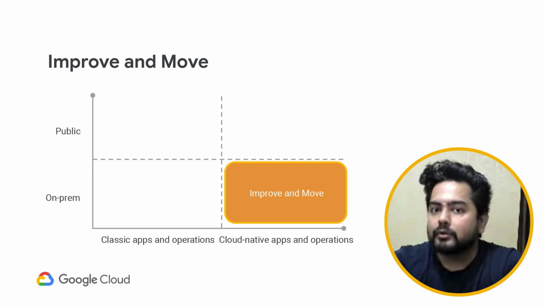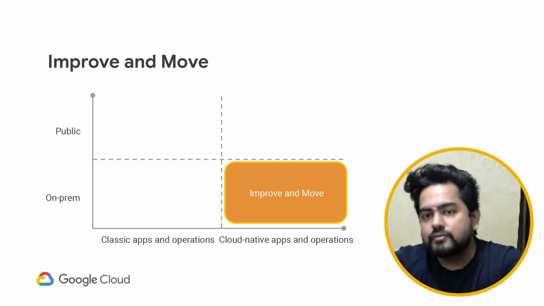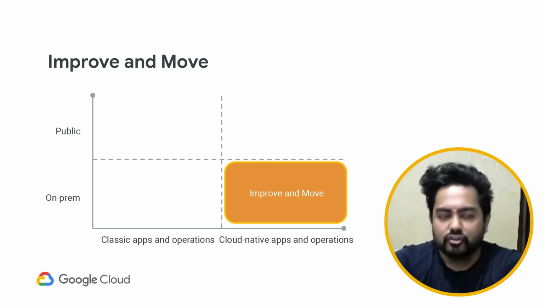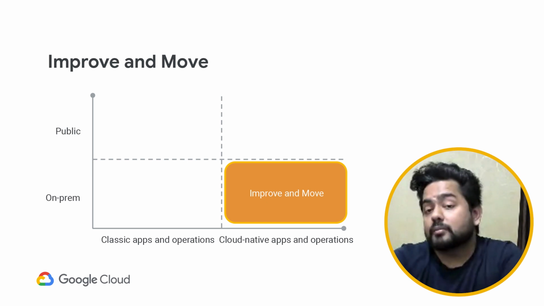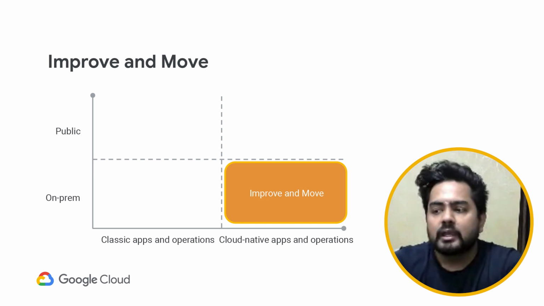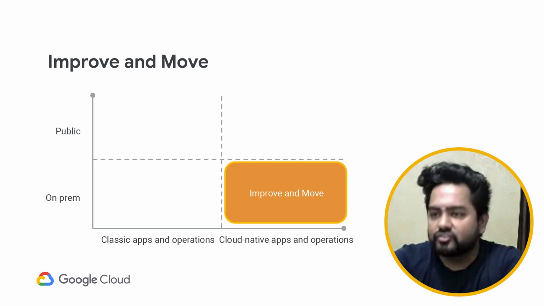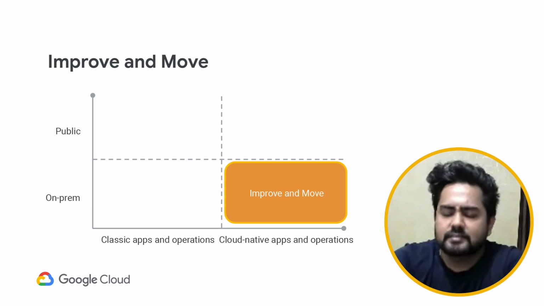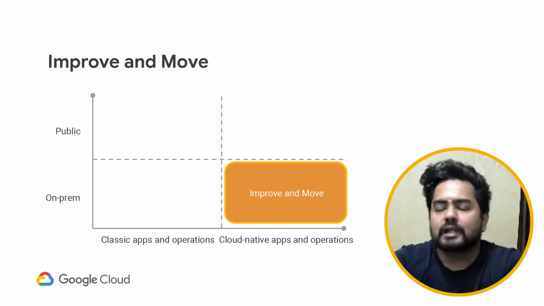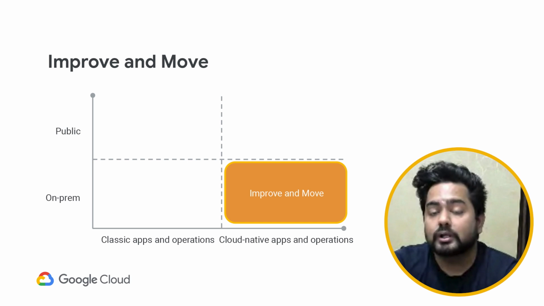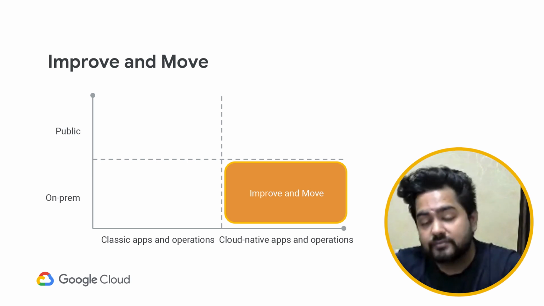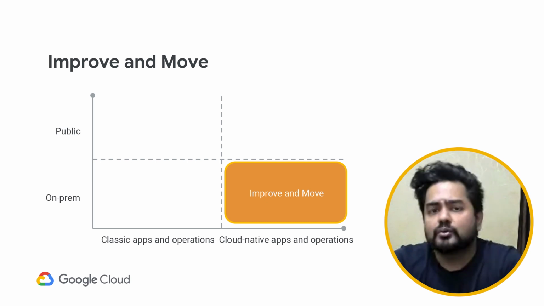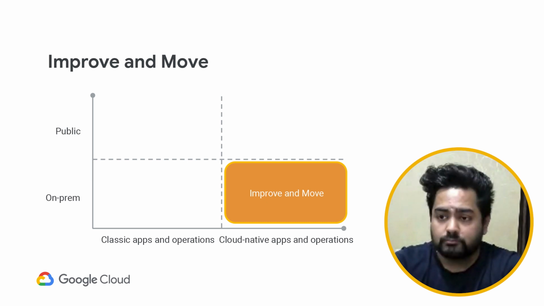So when you do an improve and move type of migration, you modify the workloads to take advantage of all those cloud capabilities which they were not built for before, and then you enable them to work with this new environment, which is something where you have to invest some time and effort to see what cloud platform you're moving to. And if you're moving to Google Cloud, how are you going to make those necessary changes? How much time and effort is required? And then you plan that movement accordingly.